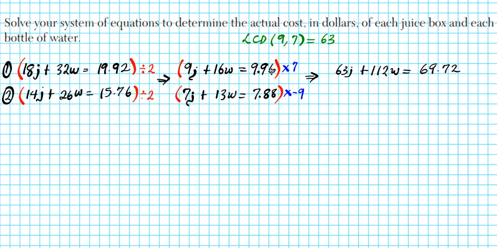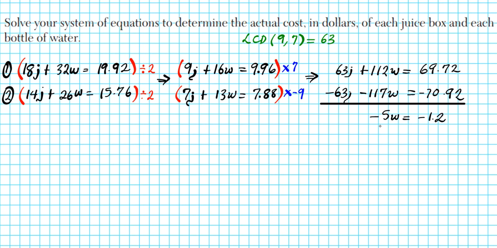That's the result of distributing 7 across this entire equation. The second one, negative 63j minus 117w equals negative 70.92. So now we'll simply combine both equations. Since we have opposites with the j, they get eliminated, and we will have negative 5w equals negative 1.2. Just do that with your calculators.